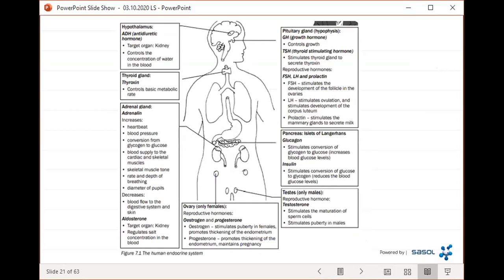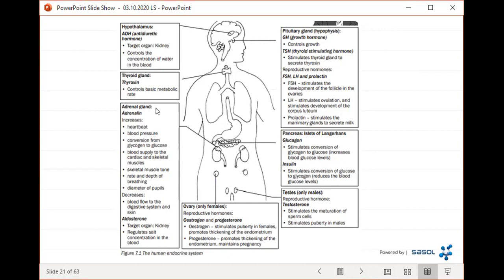Right. So, guys, here is a summary of basically the hormones as well as the endocrine glands that we went through. So this summary is found in the Mind the Gap textbook. We have the hypothalamus, which secretes ADH, and we had mentioned that ADH's target organ is the kidney, and it controls the concentration of water in the blood. The thyroid gland, which produces thyroxine, that controls basic metabolic rates.